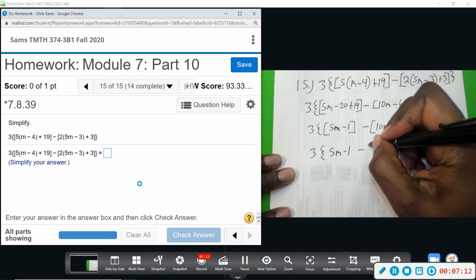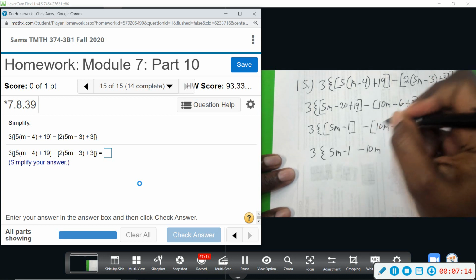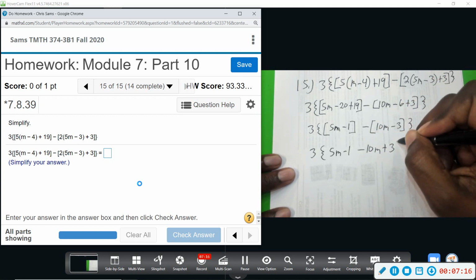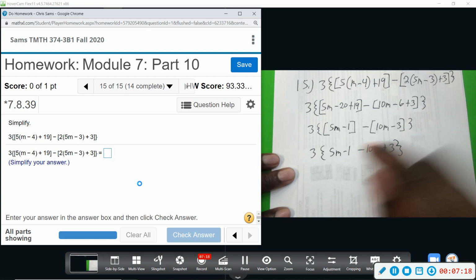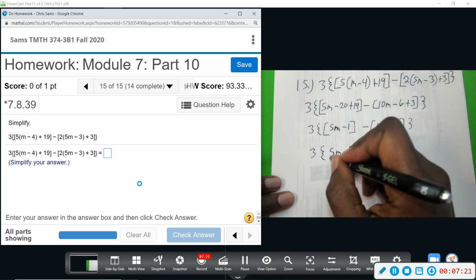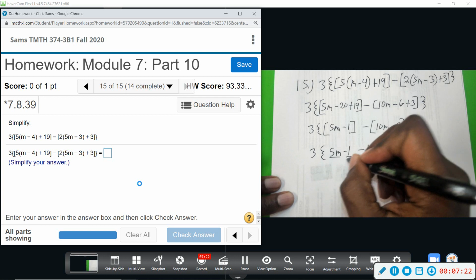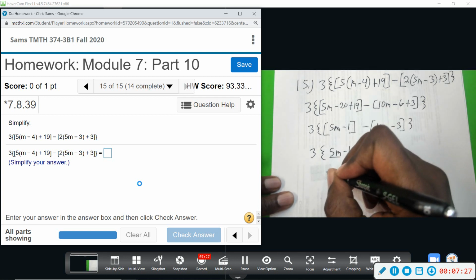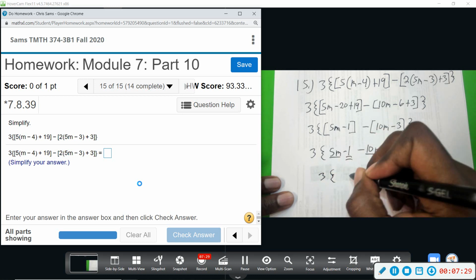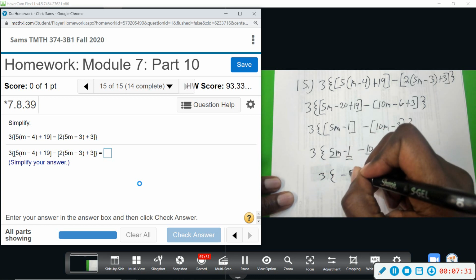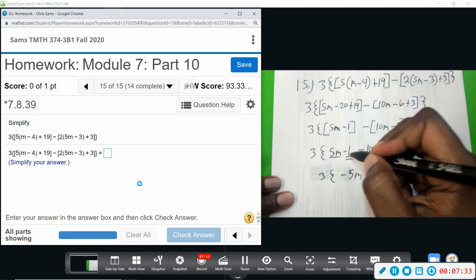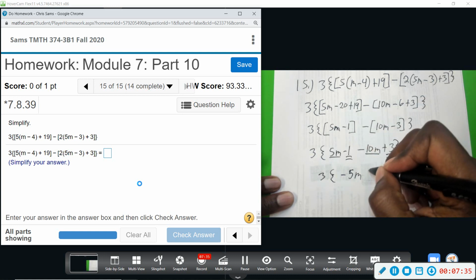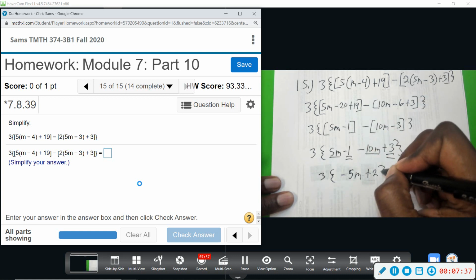That will be a negative 10m, and then plus 3 inside curly bracket. So like terms, 5 minus 10 will give us a negative 5m, and negative 1 and positive 3 will give us a positive 2.